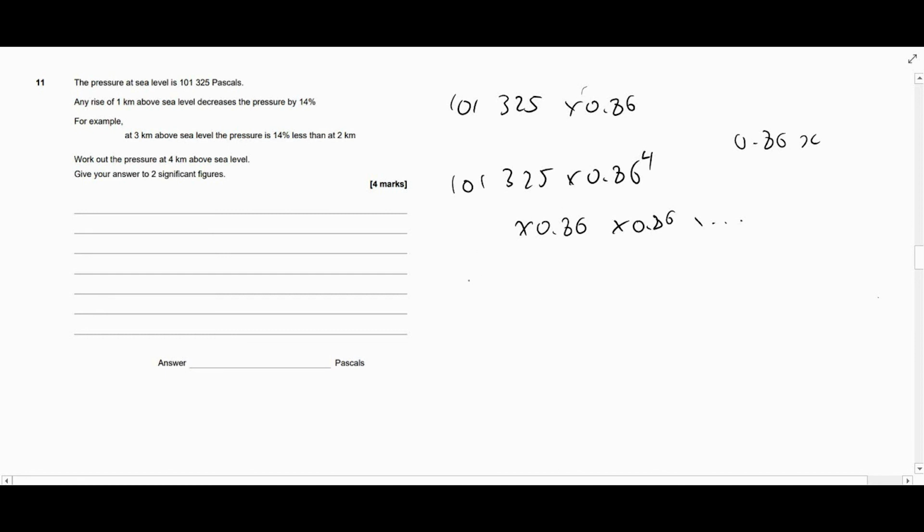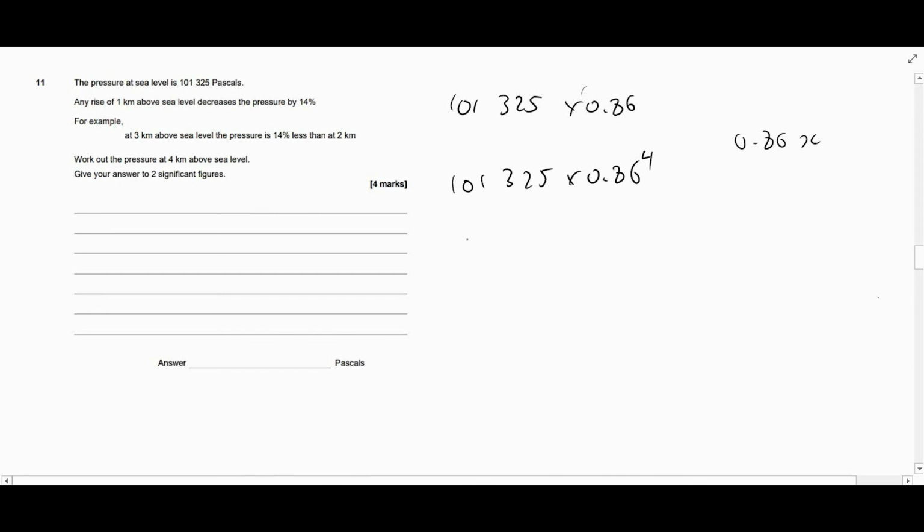The multiplication is not just adding 0.86 plus 0.86 however many times; so what we're actually looking for is the power symbol. And that's basically the crux of the problem, identifying that 0.86 is the percentage you're looking for, and that you'd be multiplying to the power of 4. Now what's left is to actually just do this calculation.